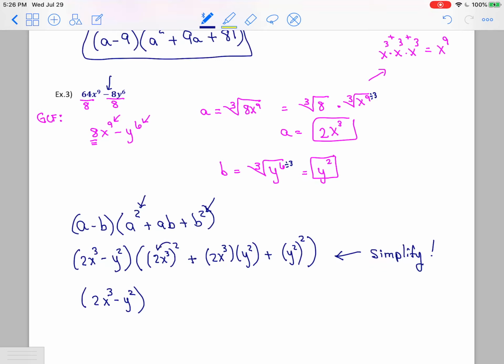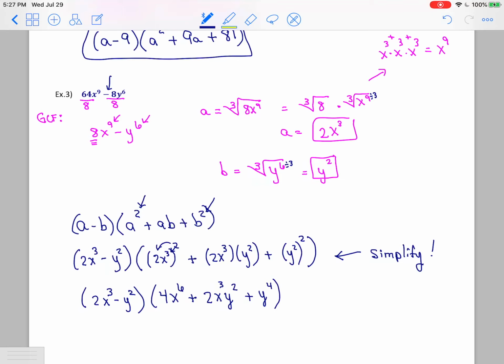But here we have a power rule. We have a product to a power, so we know that this 2 applies to both the 2 and the x cubed, so it's going to give us a 4. And then x cubed to the second power, we just multiply. That's the power rule. We multiply those exponents. It's going to give us x to the 6th plus, and there's nothing to combine here, so we just simply write them, and we write the variables in descending order.